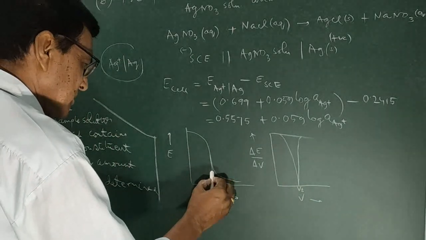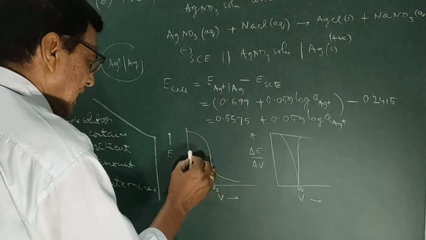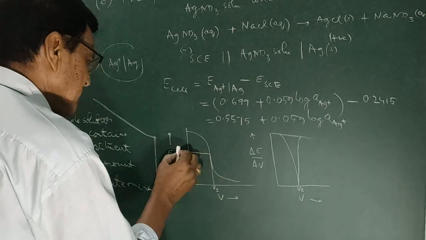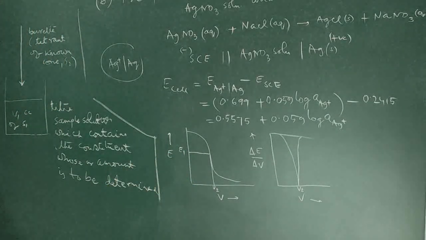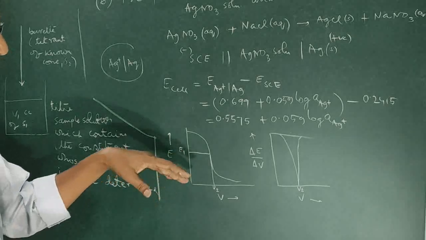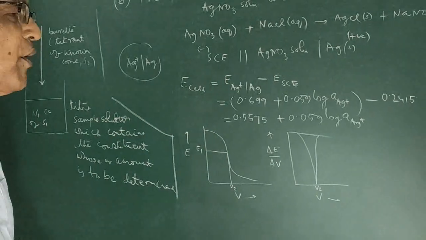And suppose this is V2, and at this V2 we know this. Suppose this is E1. E1 is the potential of this cell at this equivalence point.